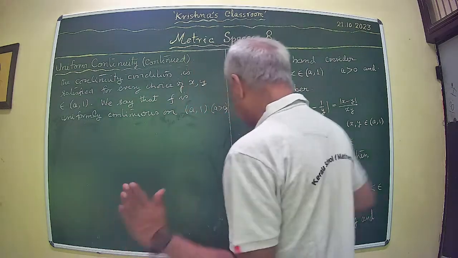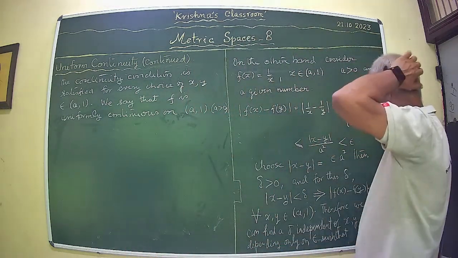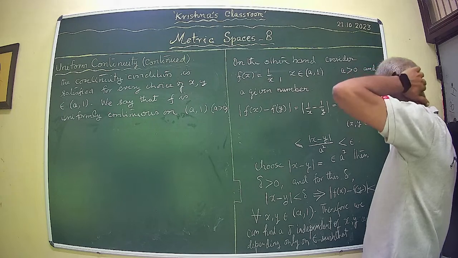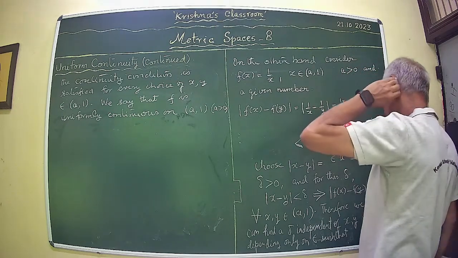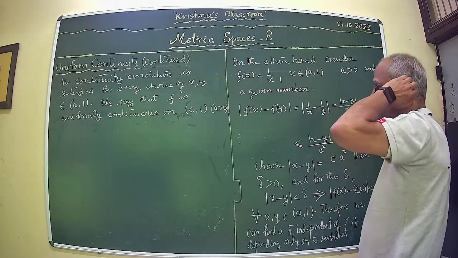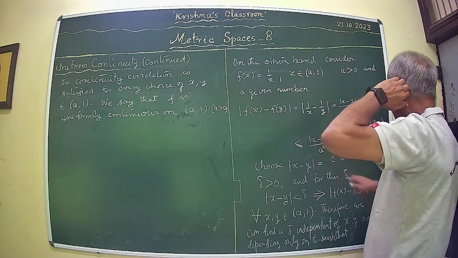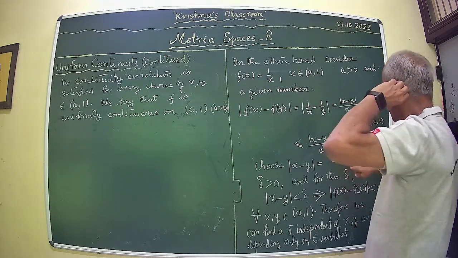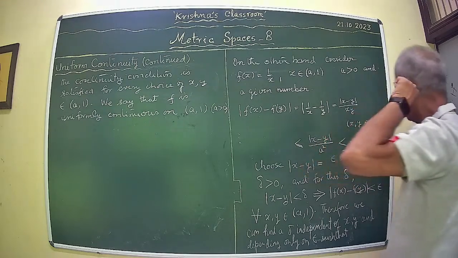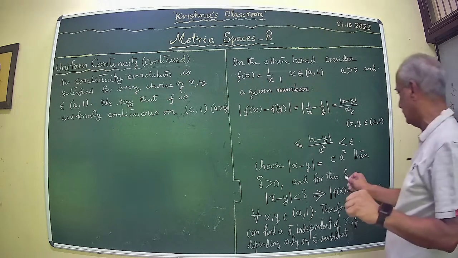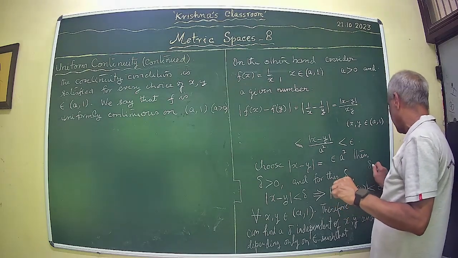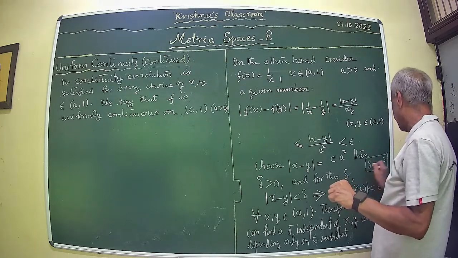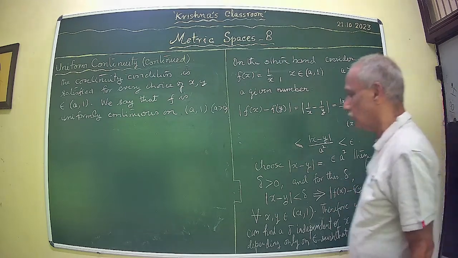But what happens is that as a goes towards 0, the delta goes to 0, because you are going to have this kind of scenario. The estimate of delta would be something like what we have done here. Delta we are estimating as epsilon a square. So as a tends to 0, delta goes to 0.